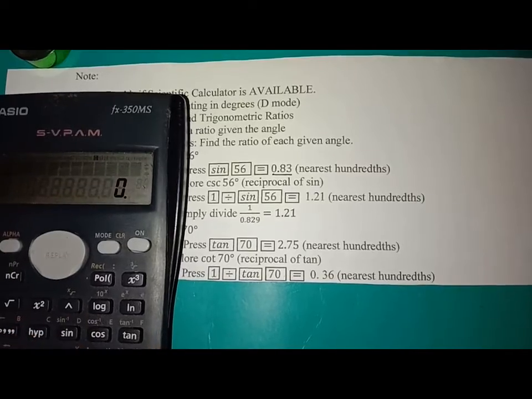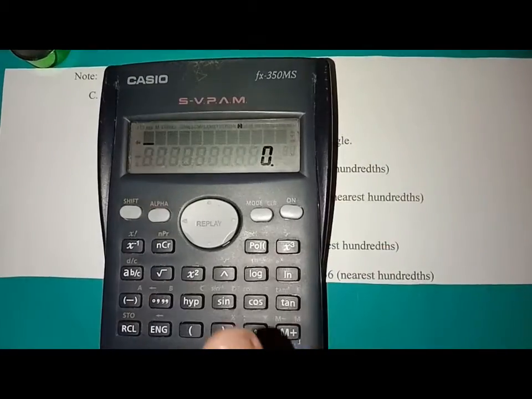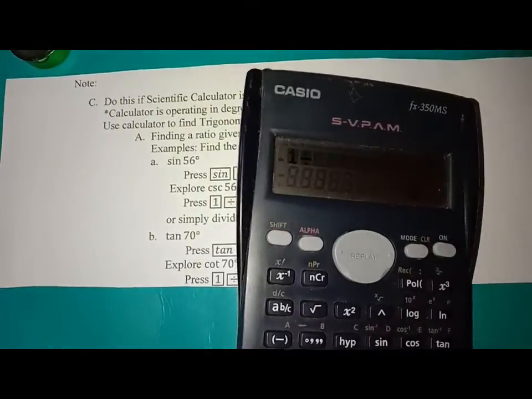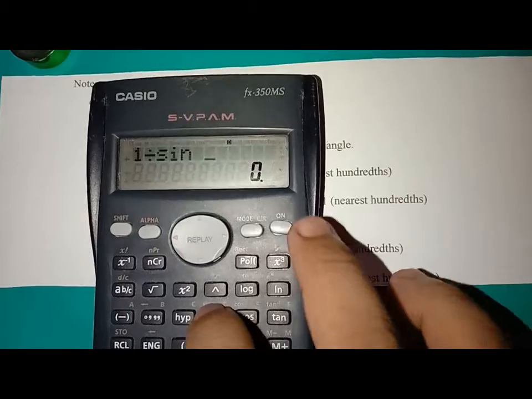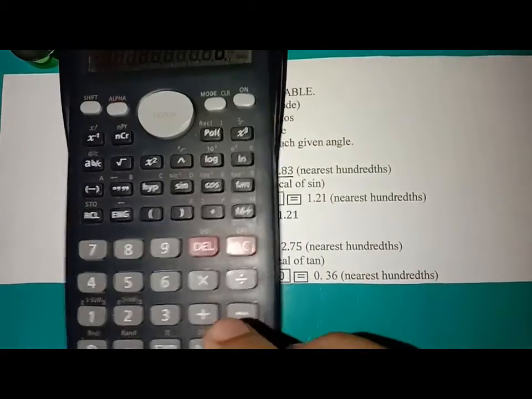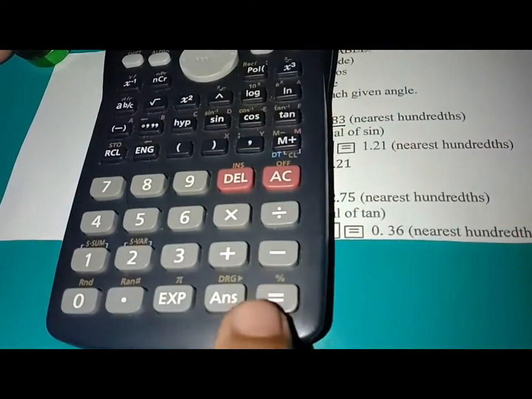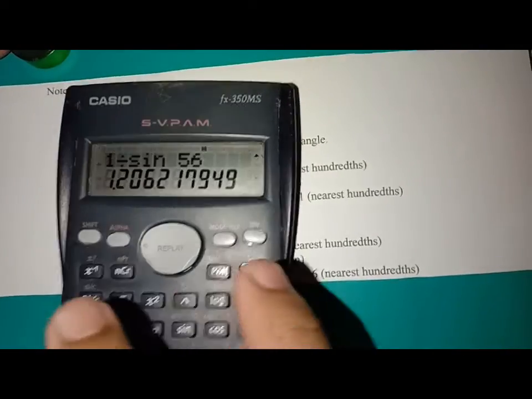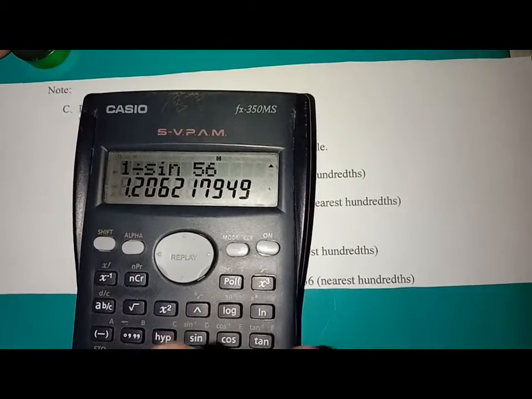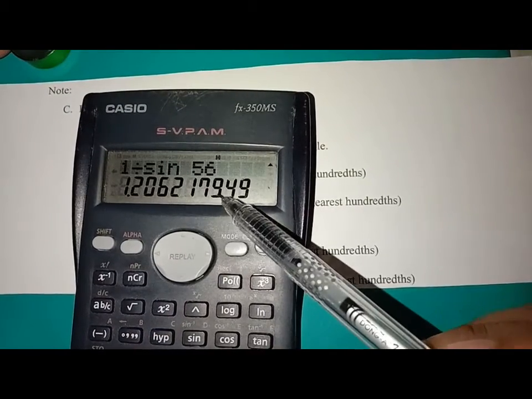So let's calculate. Press 1, then divided by, then sine 56. Press the sine, then 56. Then press equals. Here you go. You have the answer, which is 1.262179949.